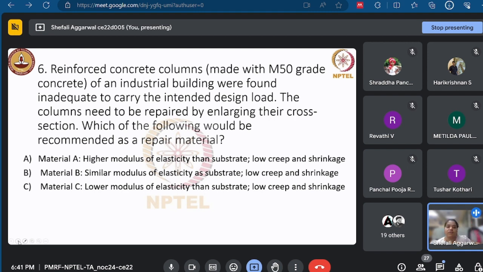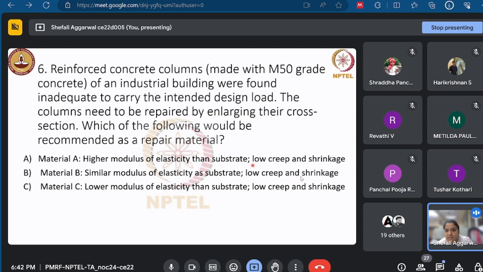See, one thing: whenever we are adding something over our substrate material, we have to make sure that there is a strong bond between the substrate layer and the top surface layer. So to ensure that there is a perfect bonding between both of them, we need to have lower creep and shrinkage. Our repair material should not have more shrinkage, otherwise it will debond from the substrate, right?